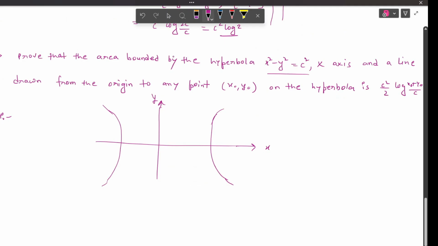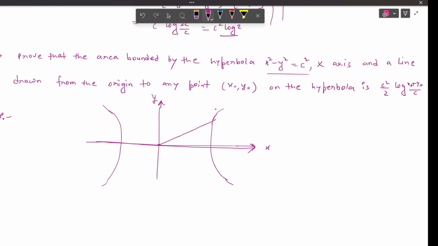Prove that the area bounded by the hyperbola, the x-axis, and a line drawn from the origin to any point x naught y naught, both are positive.